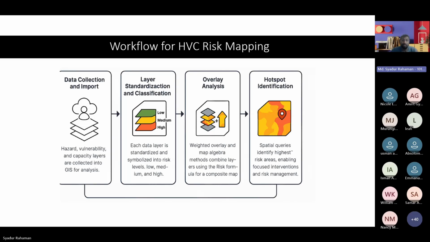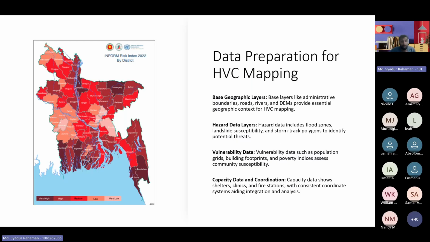And finally, find the hotspot identification, where the most vulnerable areas are, where you need to focus first, and where we need to go for intervention, like the previous maps. You have seen that the more vulnerable area is shown in dark color.